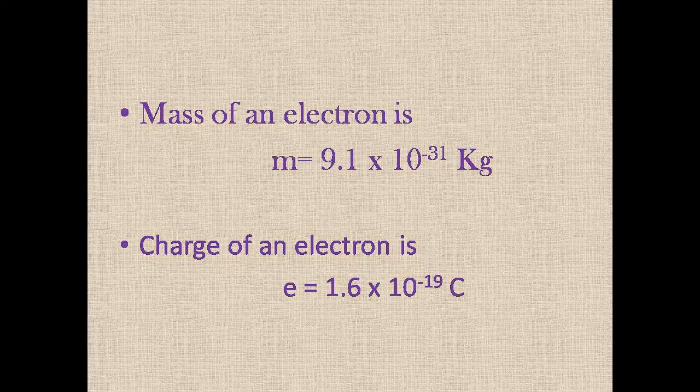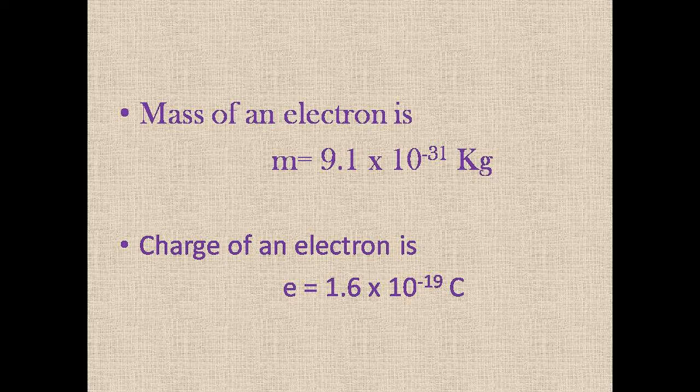He found that these negatively charged particles are nothing but electrons. He found the specific charge of the electron, and the mass of the electron, which is 9.1 into 10 to the power of minus 31 kg.